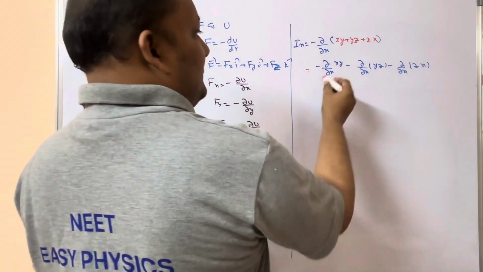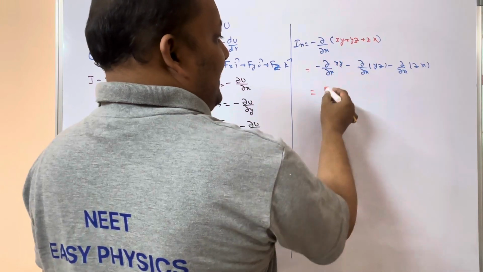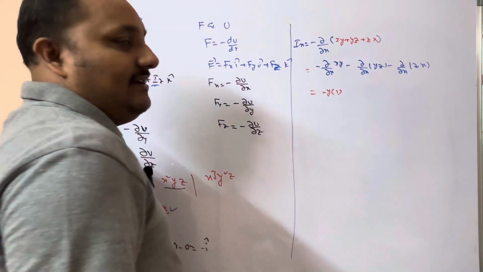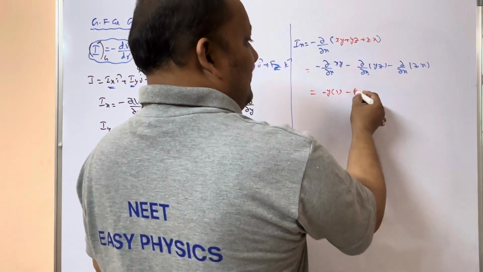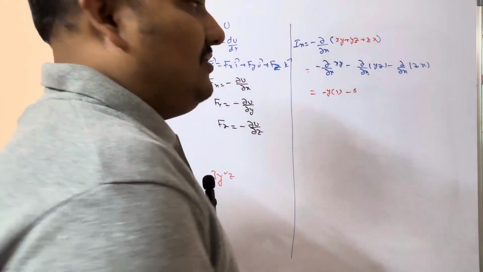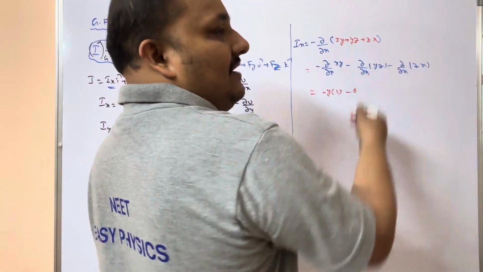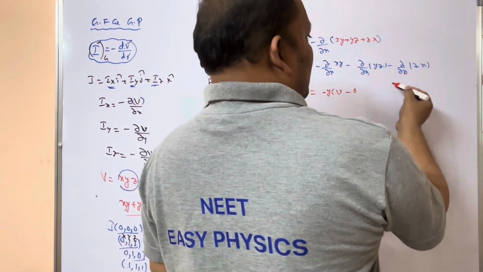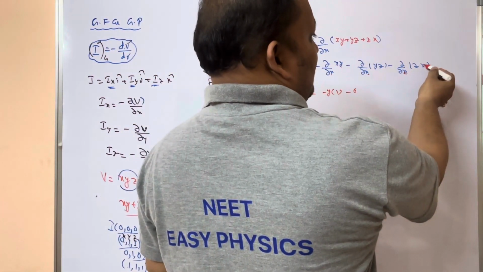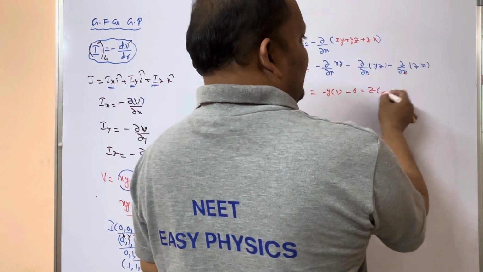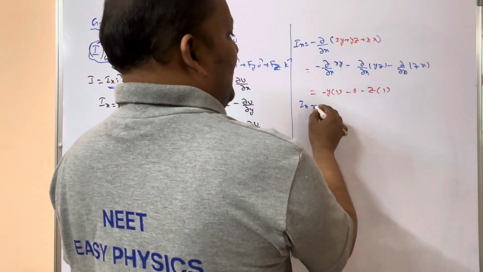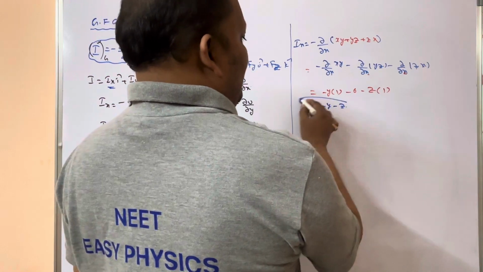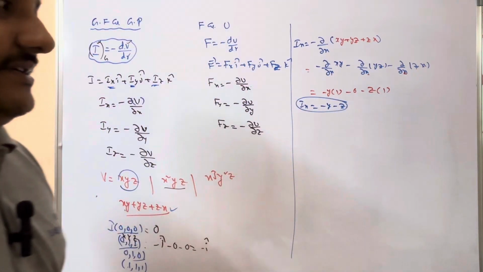With respect to x, y remains constant, minus y, derivative of x is 1. Next, there is no x in yz, therefore it is 0. With respect to x in zx, z remains constant, minus z, derivative of x is 1. Therefore, Ix is going to be minus y minus z.